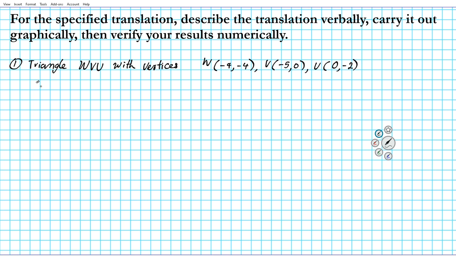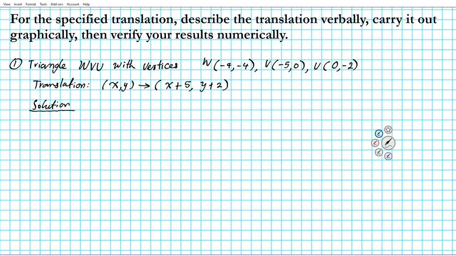And then the translation that we're carrying out has the rule (x, y) gets mapped to (x plus 5, y plus 2). All right, so let's go ahead and take a look at the solution to this problem.